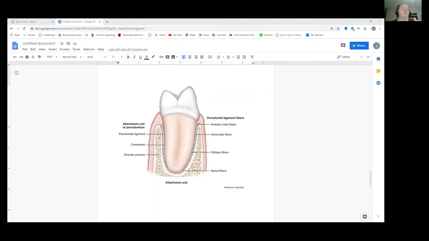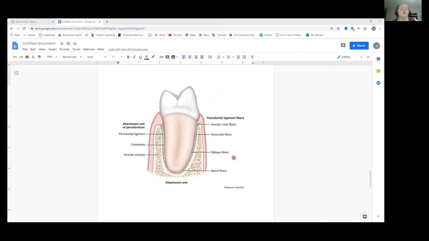It'll be like this blue stuff all the way around? Very good. Okay, so those are the ligaments holding the tooth. They're embedded in the cementum and into the bone. Do you all see that?